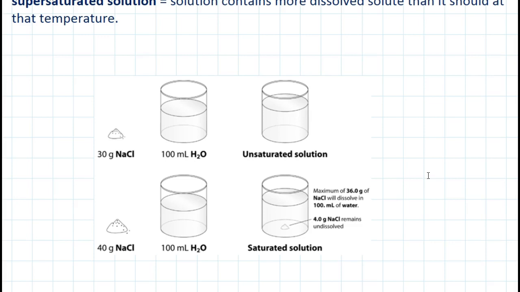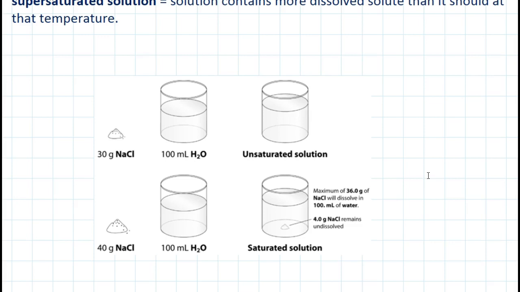Most of the time, those 4 grams of solid are going to recrystallize and fall down to the bottom of the glass. But sometimes a very unique thing happens, and that is that even though we still have that 40 grams in there, that 4 grams does not come back out of solution.